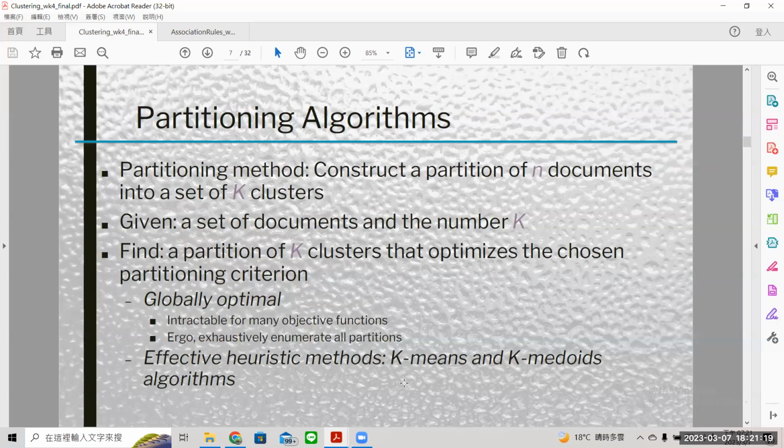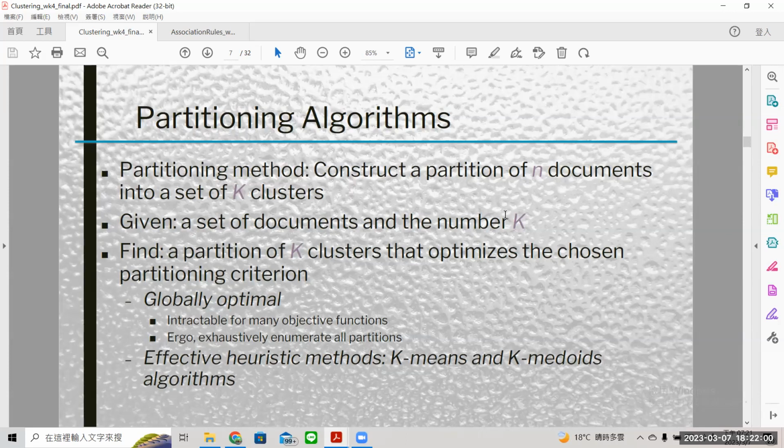Okay, let's see. This is the k-means method. Now we go into the k-means method, the first one, and let's see how it goes. First, it is a partition method. It constructs a partition of n documents into a set of k clusters. That means you must have n samples. The sample size is n, and what you should be given before clustering is a set of documents and the number k.